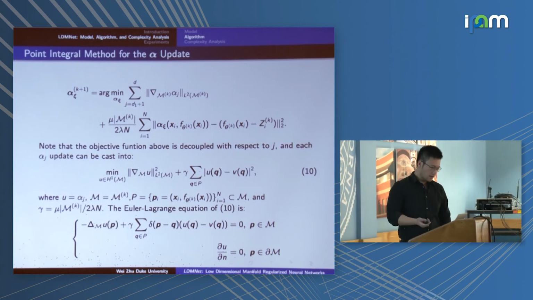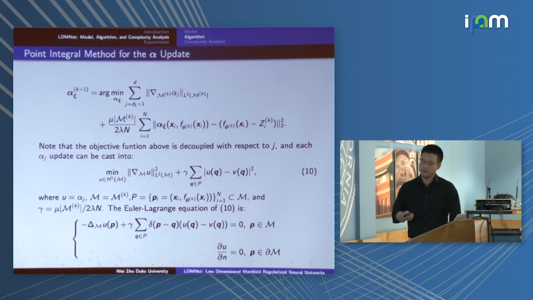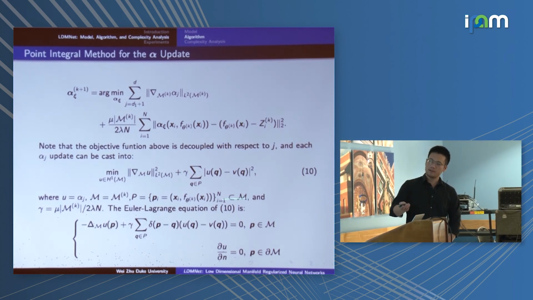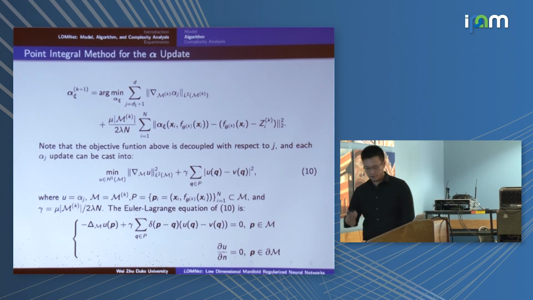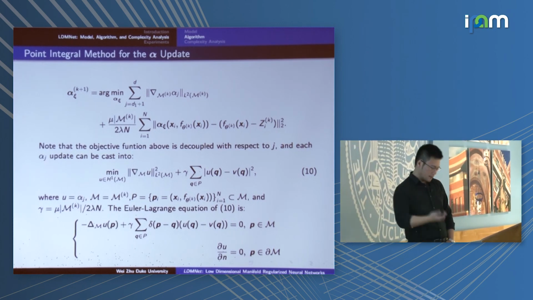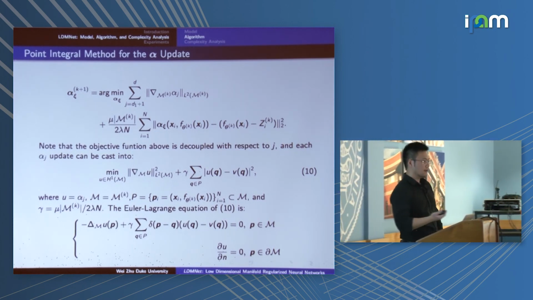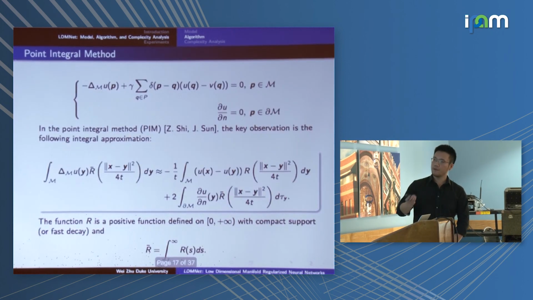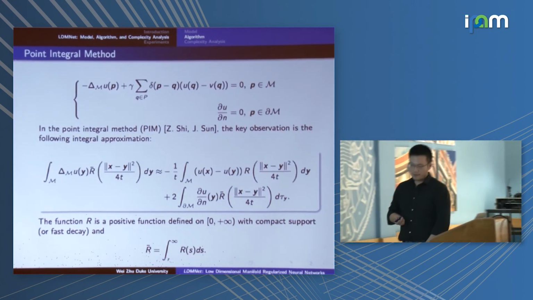And you can take the Euler-Lagrange equation of this minimization problem. So in order to update this u, you're basically just solving a Poisson equation on a manifold. But the problem is, you're given a manifold, you don't know the dimension of the manifold, and you are just given an unstructured point cloud sampling the manifold. So we're solving this using the point integral method.